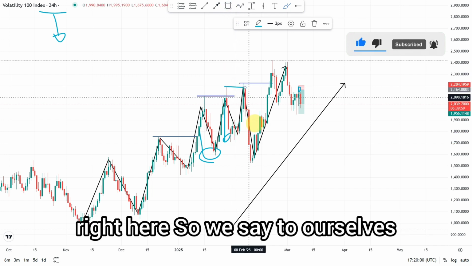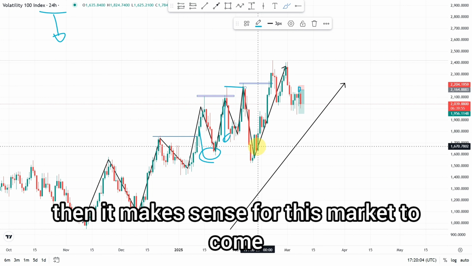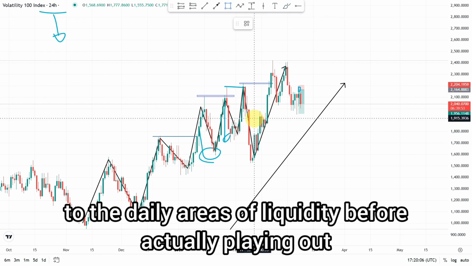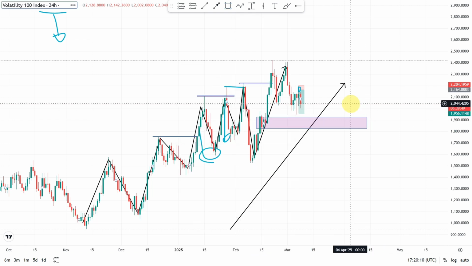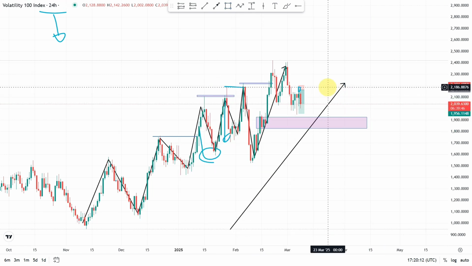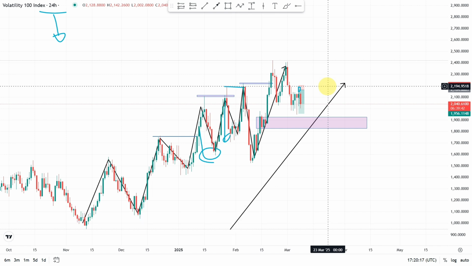So we said to ourselves, since this market always comes to our areas of liquidity, then it makes sense for this market to come to the daily areas of liquidity before actually playing out. So the second information that we know is that the market has to go to the daily liquidity area.